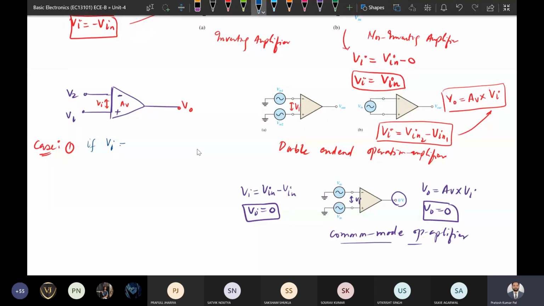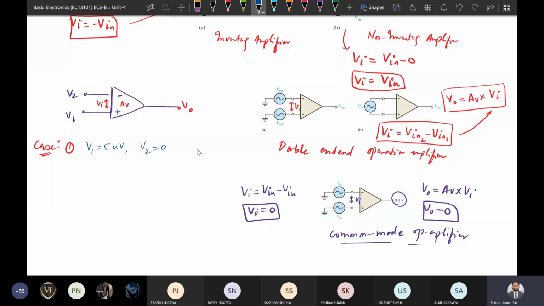Suppose V1 is equal to 5 microvolt and V2 is equal to 0. At this time the output will be the gain multiplied by 5 minus 0.